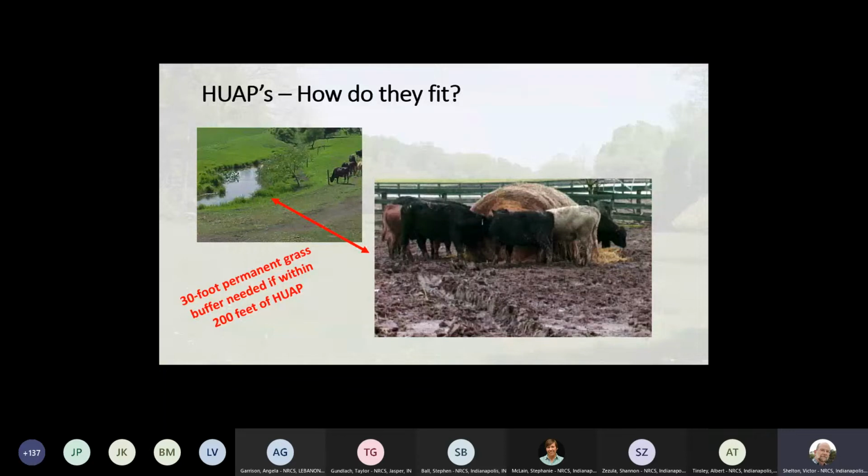I think I mentioned on Monday, one of the bigger concerns is knowing where these areas are at, especially winter feeding areas, how long they're going to be used, and how close they are to any water body. This is picked up from the pasture condition score sheet.